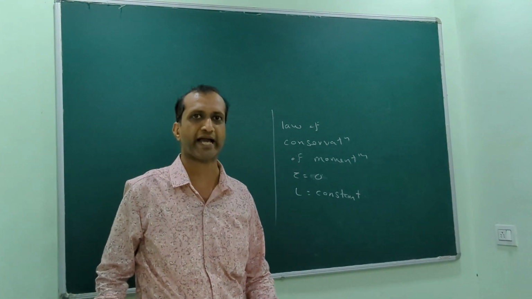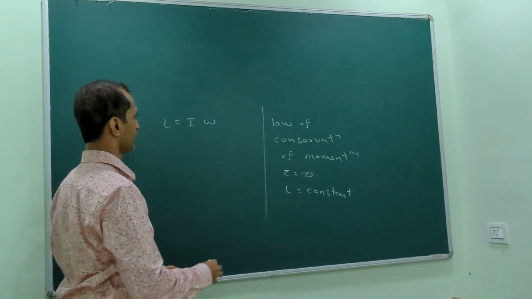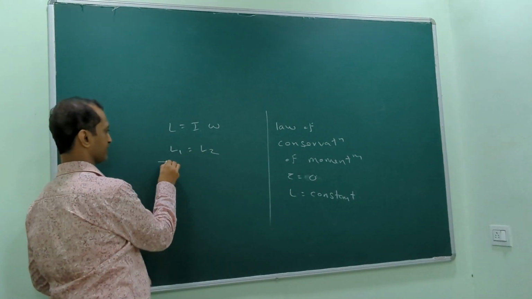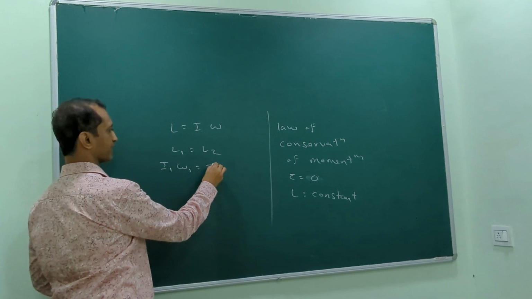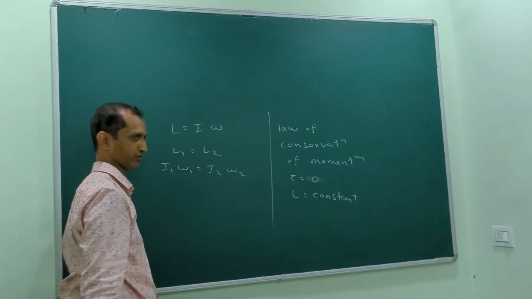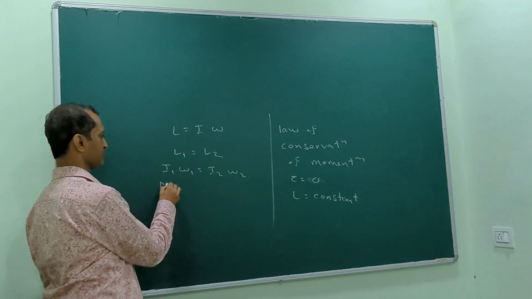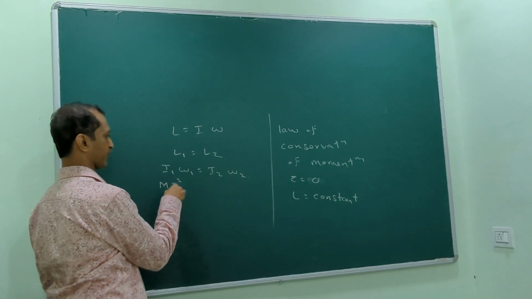where omega is the angular velocity. Now, होता क्या है? देखो ऊपर, if L1 is equal to L2, then I1 omega 1 is equal to I2 omega 2, and we know that moment of inertia I is nothing but m r square.